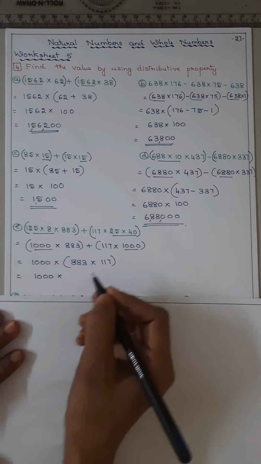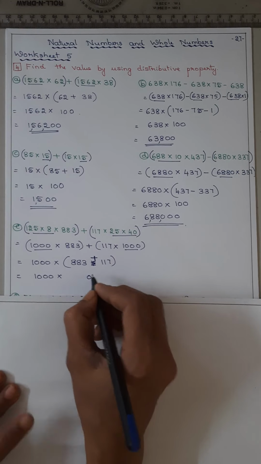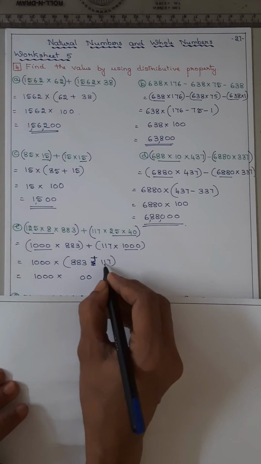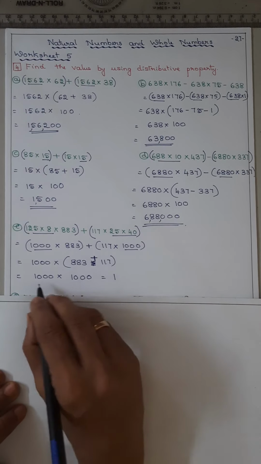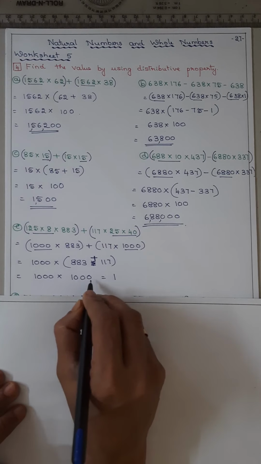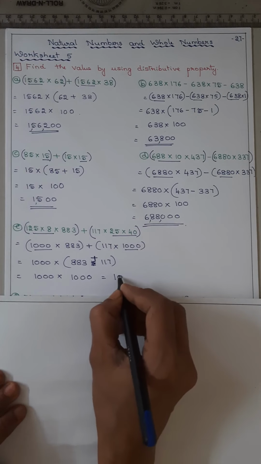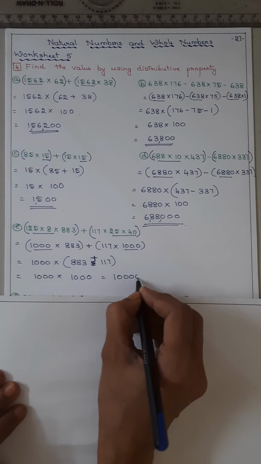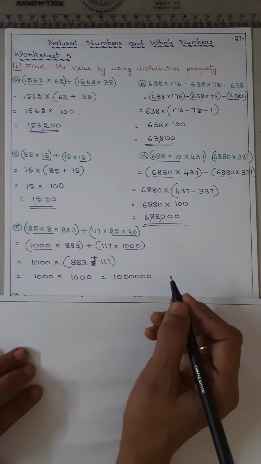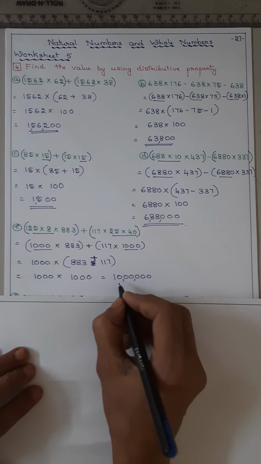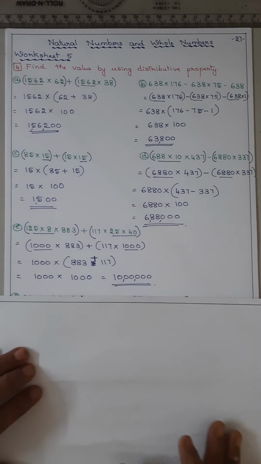This is plus. 7 minus 3, 10. 1 minus 8, 9. 10. 1 minus 8, 9 plus 1, 10. So you got 1 and 3, 6. So 1, 2, 3, 4, 5, 6. 6 zeros. Count the number of zeros and then put the zeros.